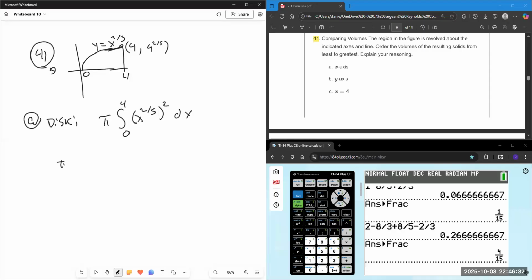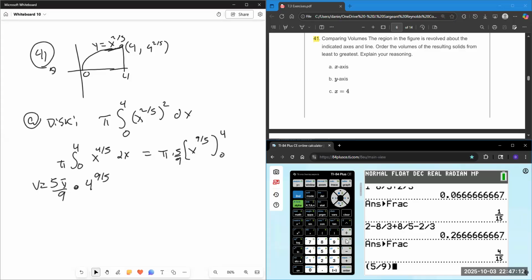And so this is pi, 0 to 4, of x to the 4/5 dx. It's pi and then x to the 9/5 times 5/9, 0 to 4 is 5 pi over 9 times 4 to the 9/5. And that's pretty gross.